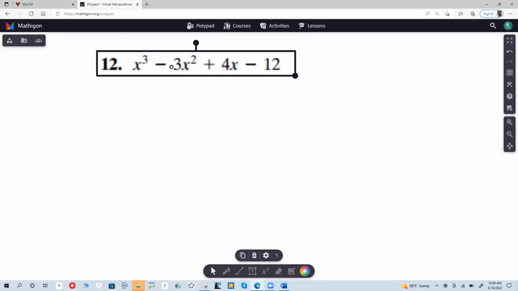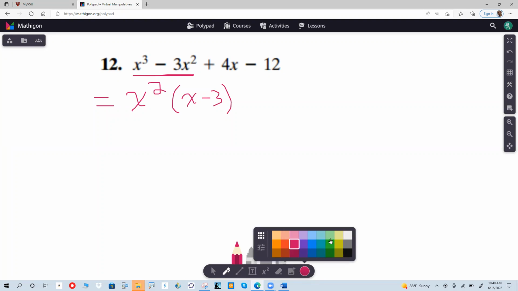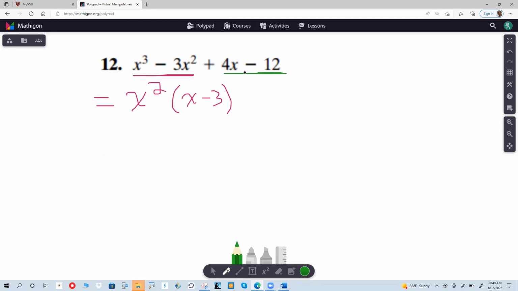So now you really want to practice here. So I am going to pull out x squared from here. Just the first two terms. And I'm left with x minus 3. And then I'm going to pull out whatever I can.